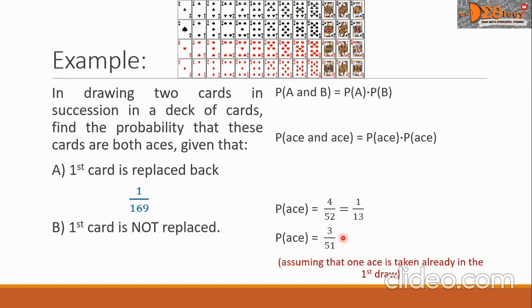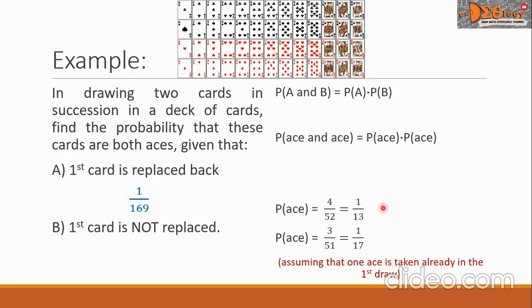So that is 52 minus 1. We subtract the first card that we draw in the first event. So the probability of the second ace is 3 over 51. And when we simplify this, we will have 1 over 17.